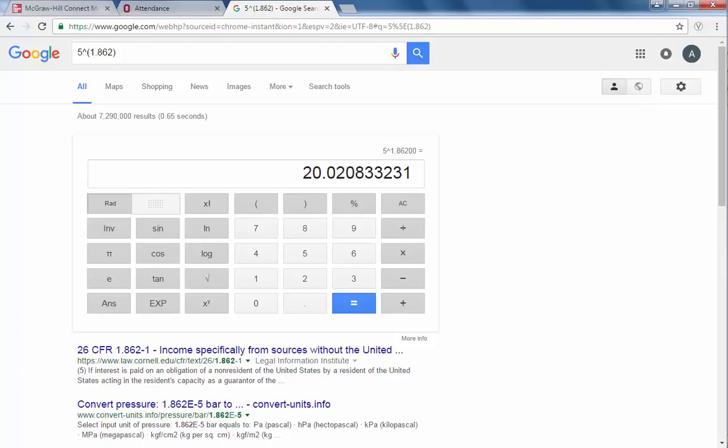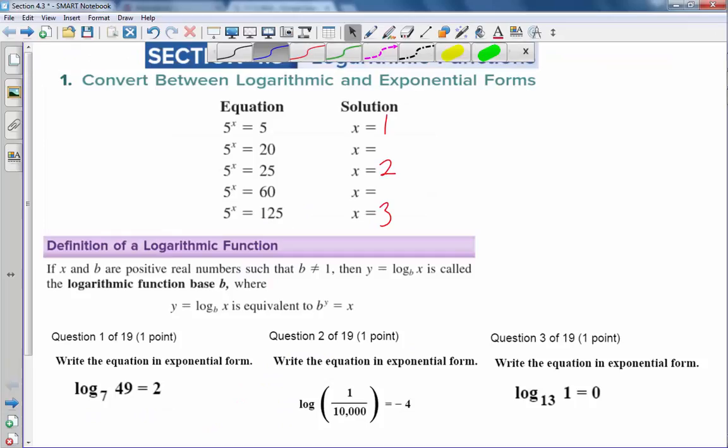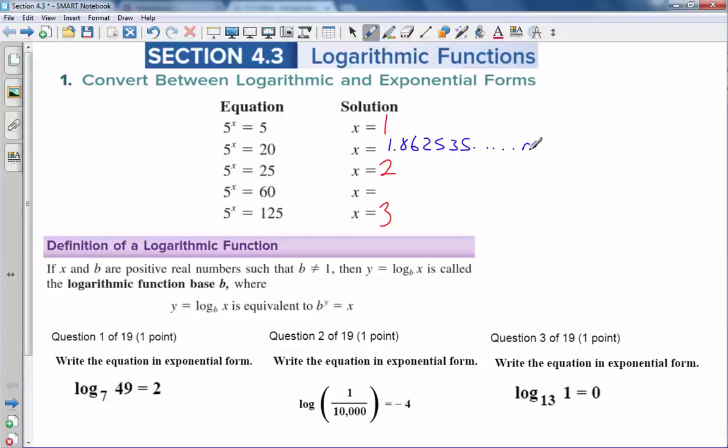So what do you think mathematicians did for this case? We don't have patience to write all these digits because it's never ending. So they just manufactured artificially a symbol for it, just like for pi.